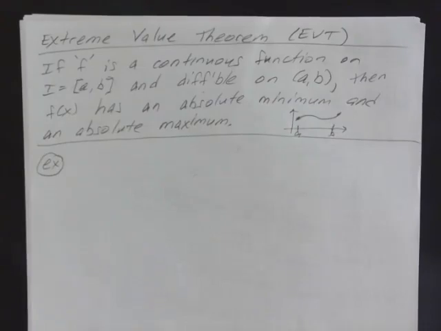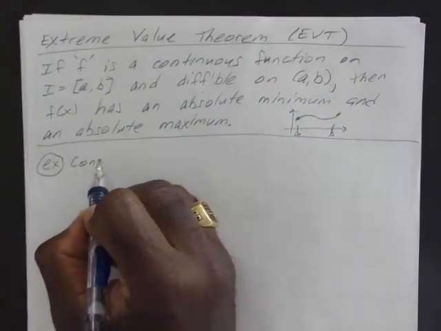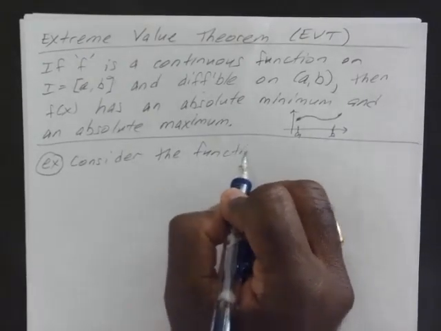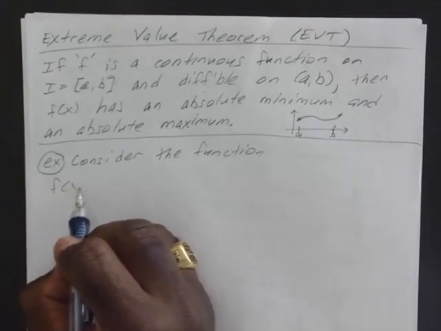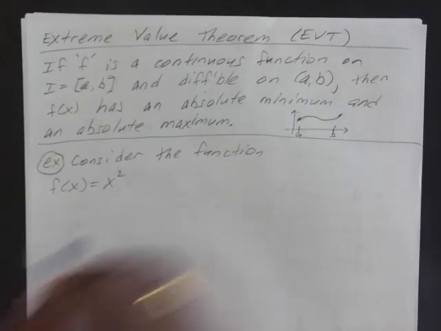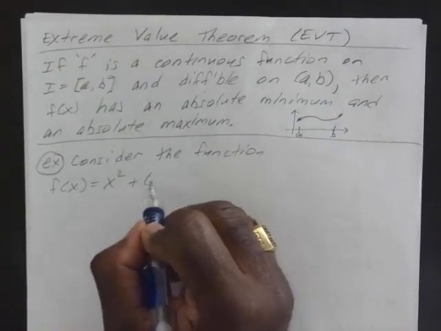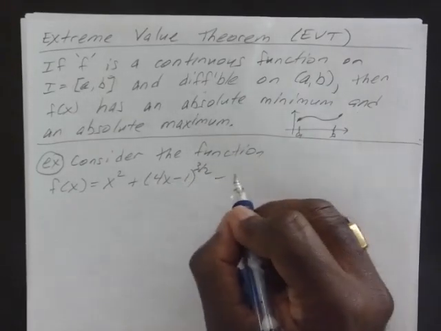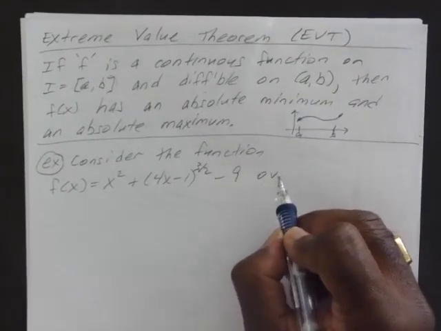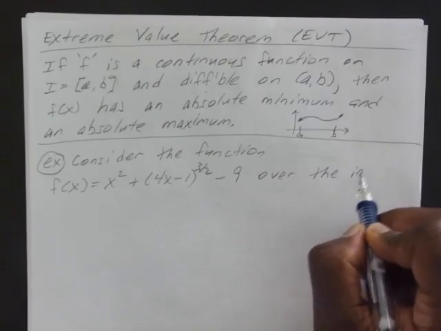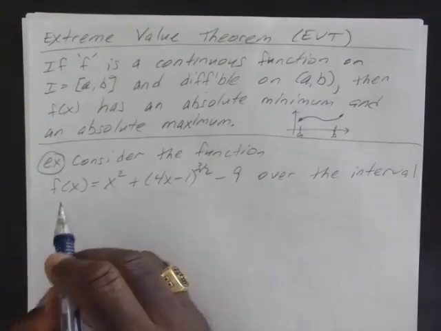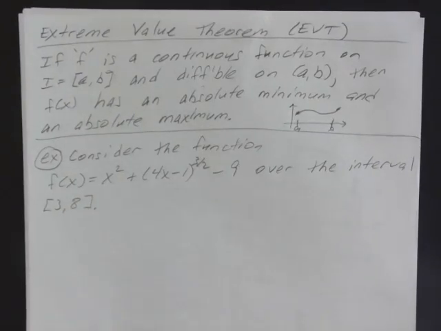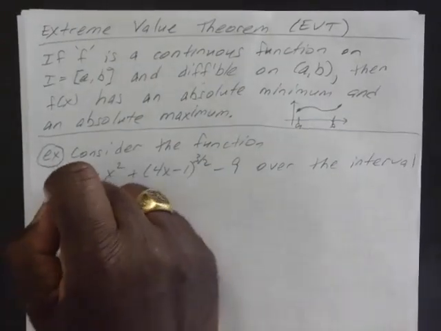Okay. So let's say, for example, if we want to just consider the function, let's say f of x is equal to x squared plus (4x minus 1) to the 3/2 power minus 9 over the interval from x equals 3 to x equals 8.